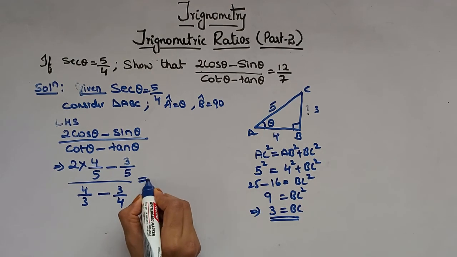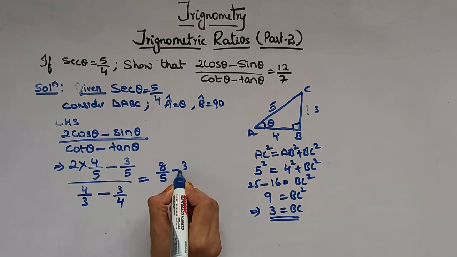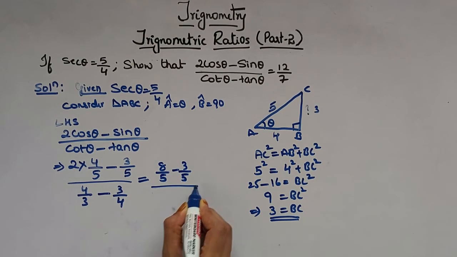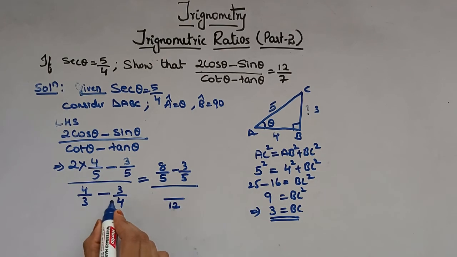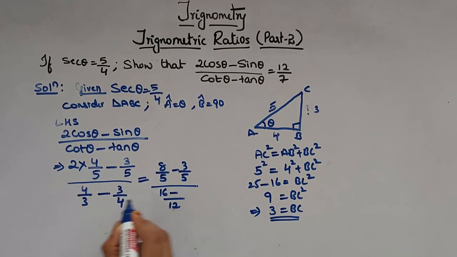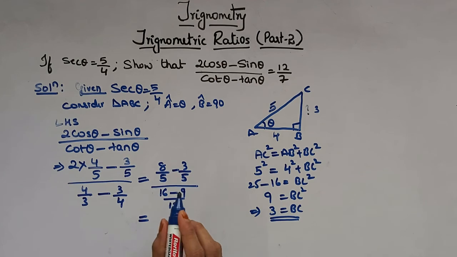which is equal to 4 twos are 8. So 8 by 5 minus 3 by 5, divided by, here 4 threes are 12, LCM is 12. So 4 fours are 16 minus 3 threes are 9, which is equal to, so here LCM is 5. So 8 minus 3 is 5 by 5. So 5 ones are 5, 5 ones are 5.